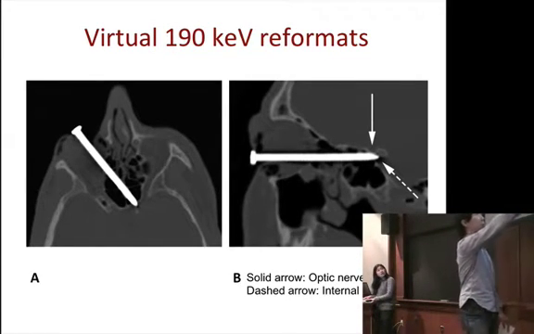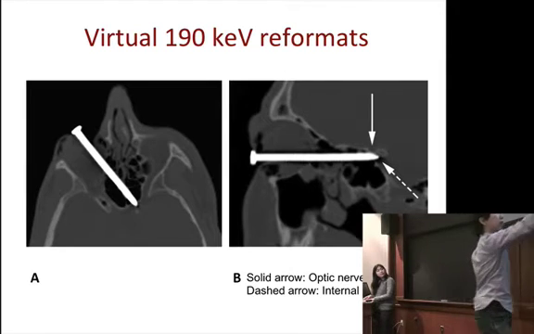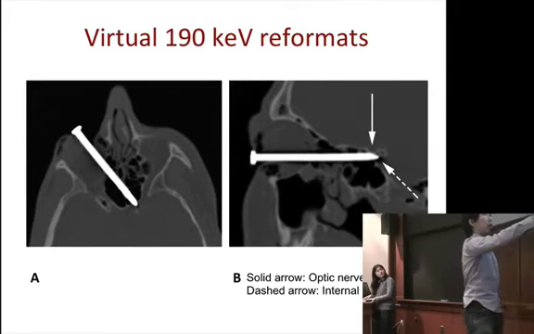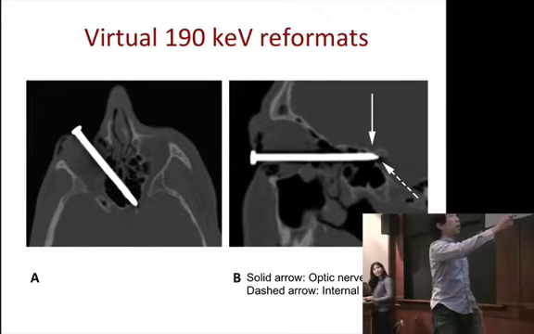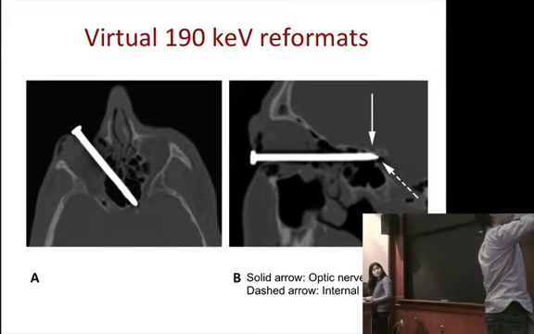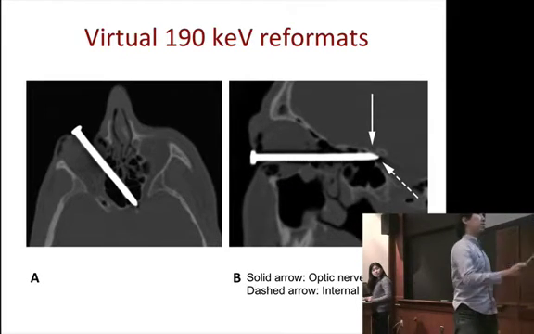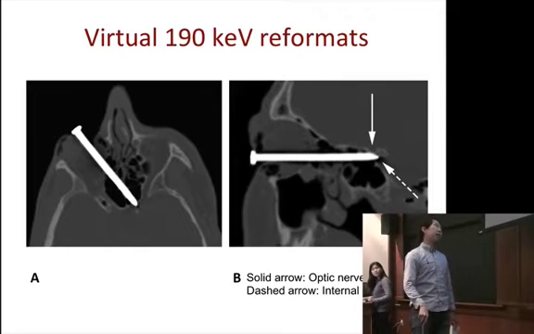This solid arrow here will be the optic nerve, and this dashed arrow will be the internal carotid artery. The precise image demonstrates that the nail is very close to these structures, but it did not touch them. About 1 millimeter away from them.